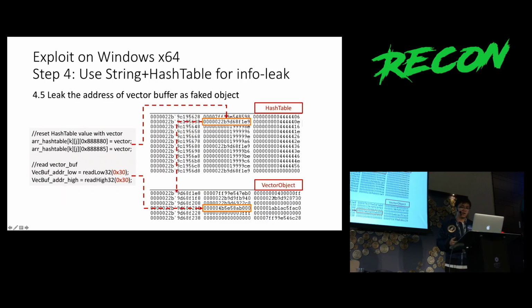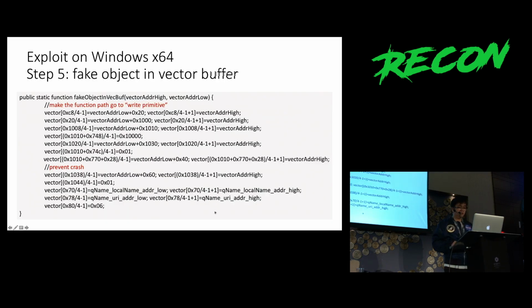We reset the HashTable value to vector, and we can read the address of the vector buffer from the 300 offset of the vector object. Now we have leaked all the addresses of the objects we need, and we can fake an object in the vector buffer.